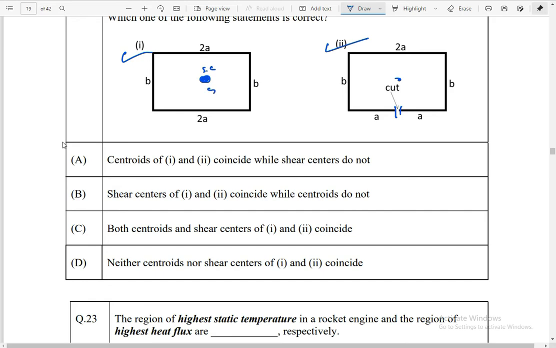Here the centroid is here and the shear center must be on this line but outside of it, because this is the open one. So option A is the right answer.